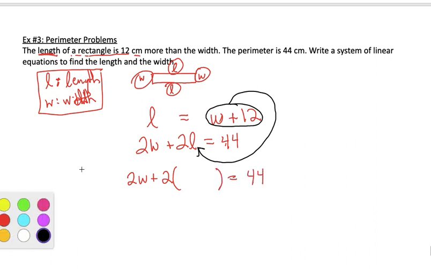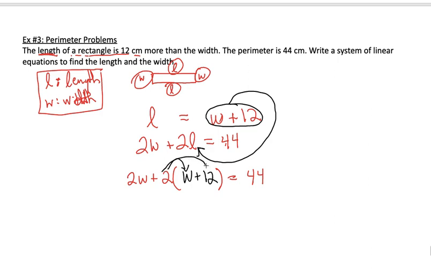In that L, I'm going to substitute W plus 12. To solve that, we distribute. So that would be 2W plus 2W plus 24 equals 44.